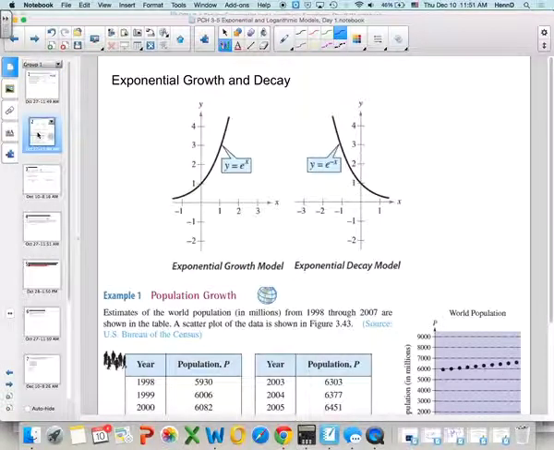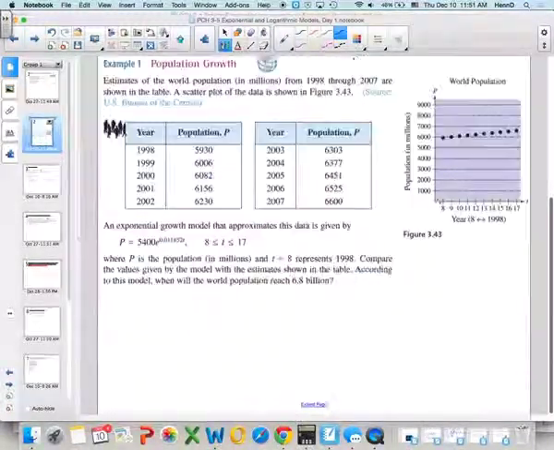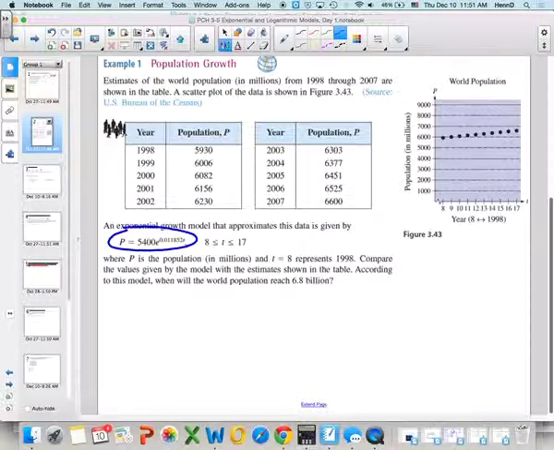You've done some examples of these already, but for example, here's a case where we have a model of the population of the whole world. Okay? If t equals 8 represents 1998, then when did we start the time? 1990. Okay? So for this model, t equals 0 would be our population in 1990.